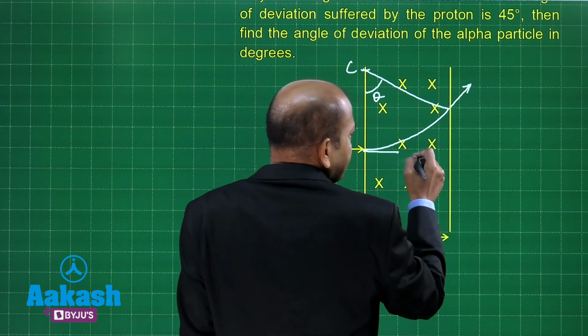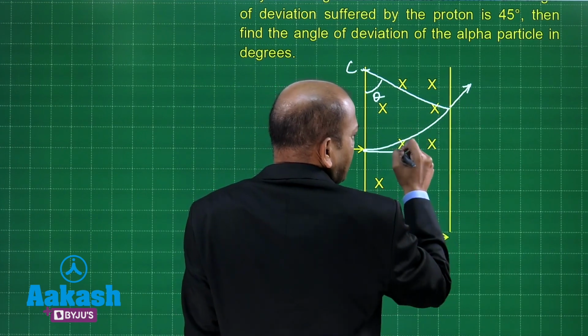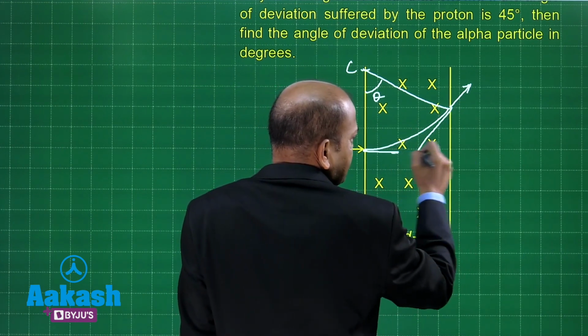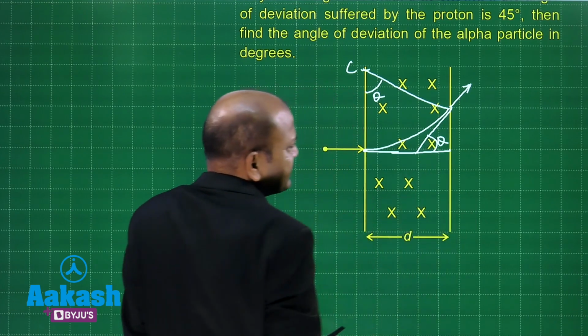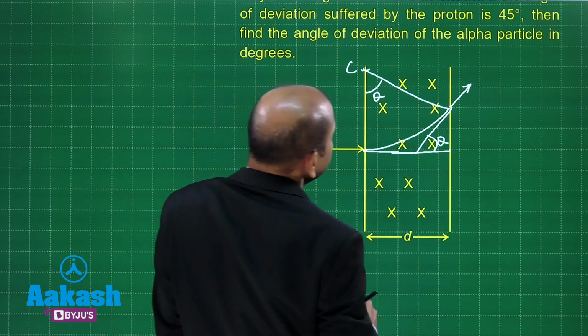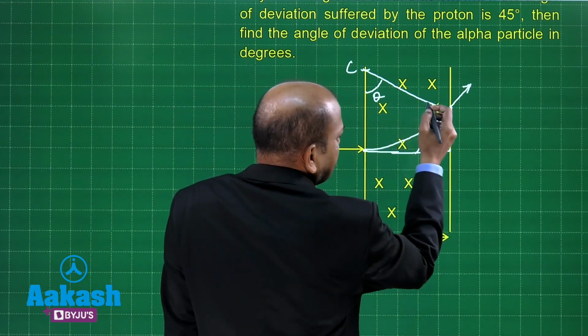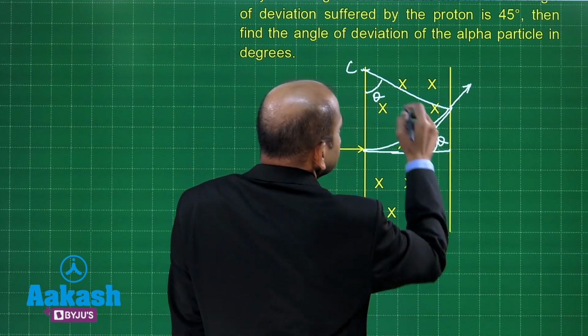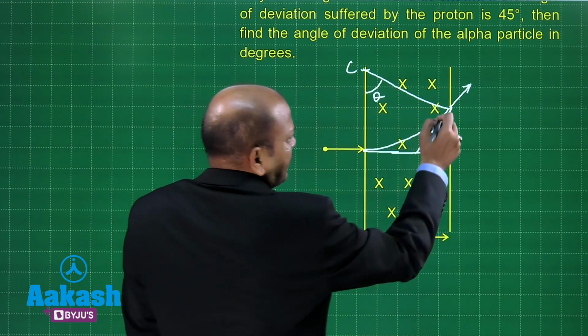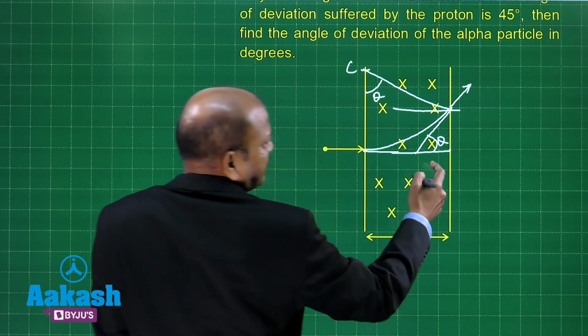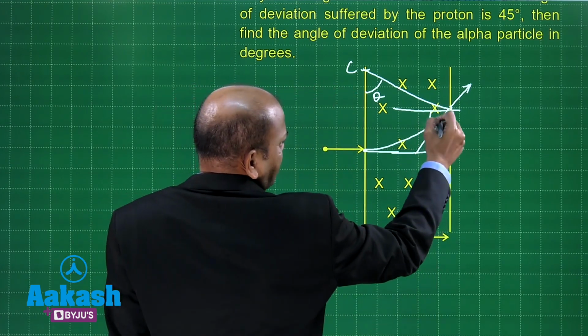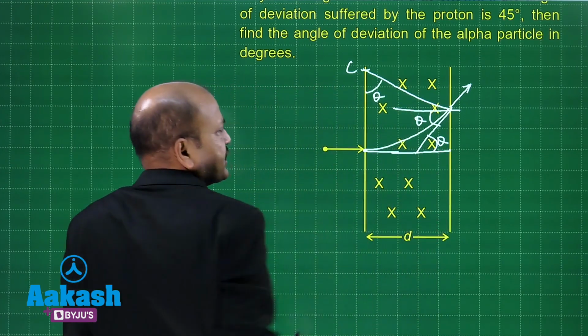So, we are basically interested in finding this angle, and we can see that this angle theta is in fact the same as this angle theta. We can make sure this is theta, and this too is theta.